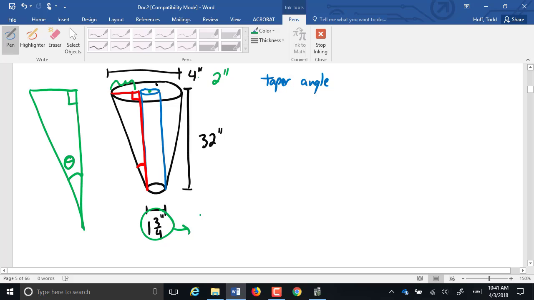What's 1 3/4 divided by 2? 7/8. So a 2-inch radius minus a 7/8 inch radius gives us 1 1/8 inch. Do we know any other sides of that triangle? Yeah, this is 32.